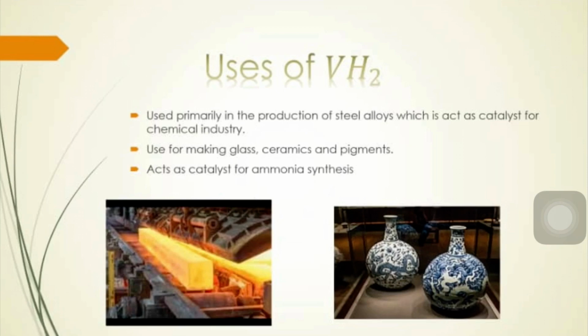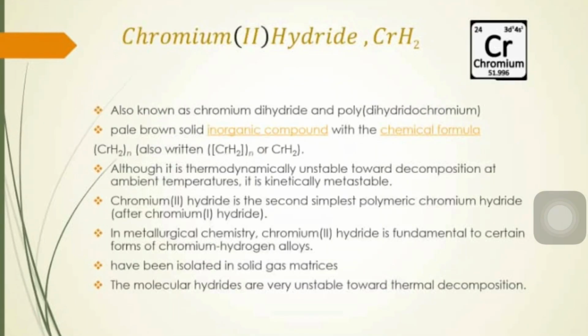And lastly, vanadium hydride also acts as a catalyst for ammonia synthesis. As you can see in the pictures below, the first is the production of steel alloy and the second is ceramics.